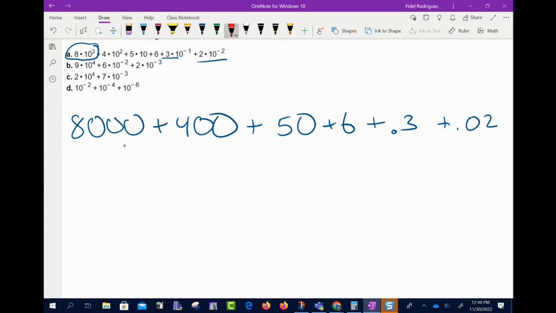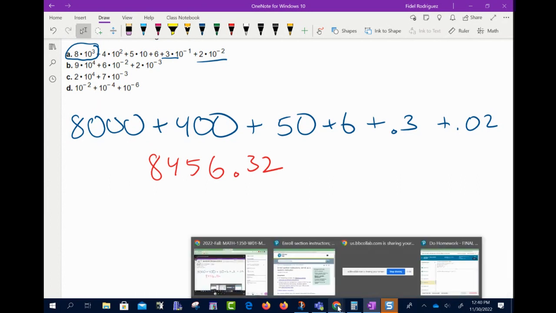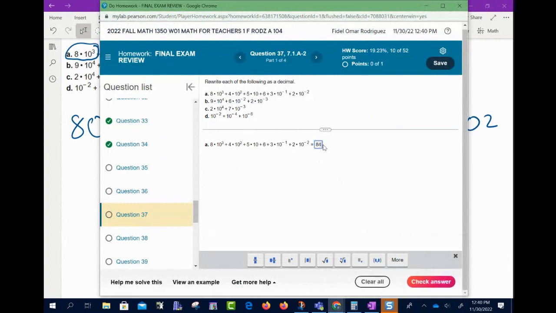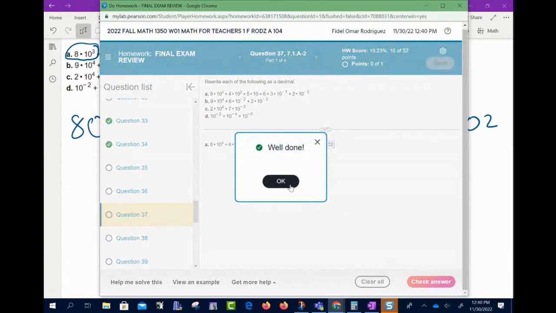So now, if I look at this number here, this is 8,456.32, right? And that's really all I'm doing for this problem. So look, let's do the first part here, 8,456.32, and we got it.